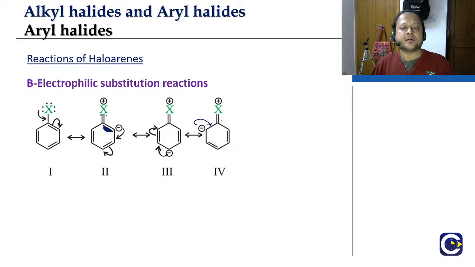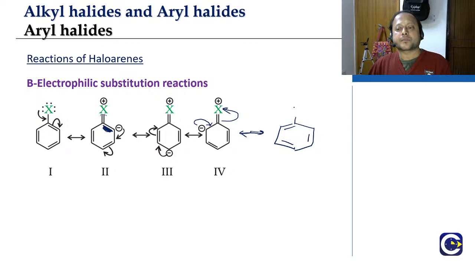This will come over here, this will go back, and we will obtain the aromatic ring back with all the bonds shifted by one place, right? And the partial double bond character will be removed, and this cycle will keep on happening. You can call it the fifth structure.